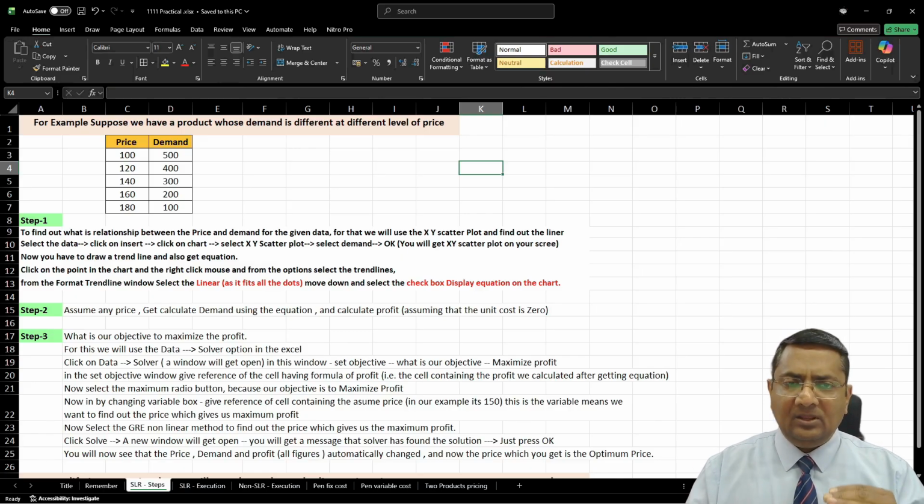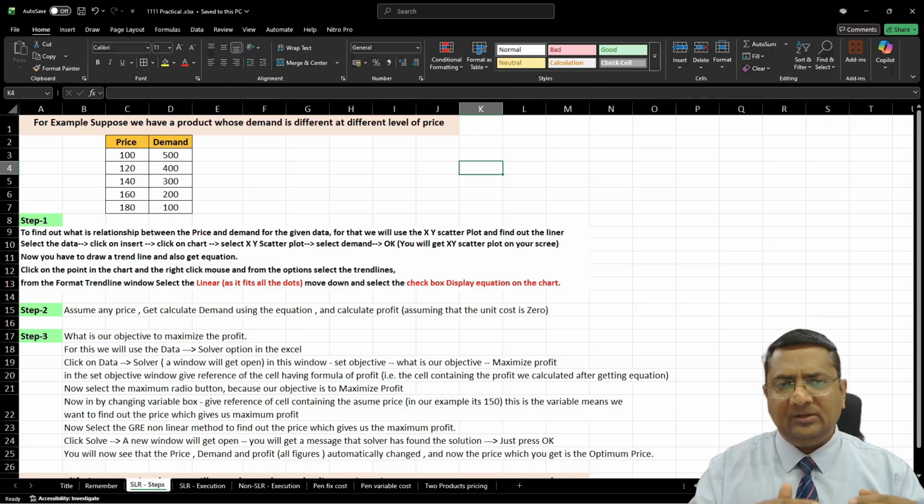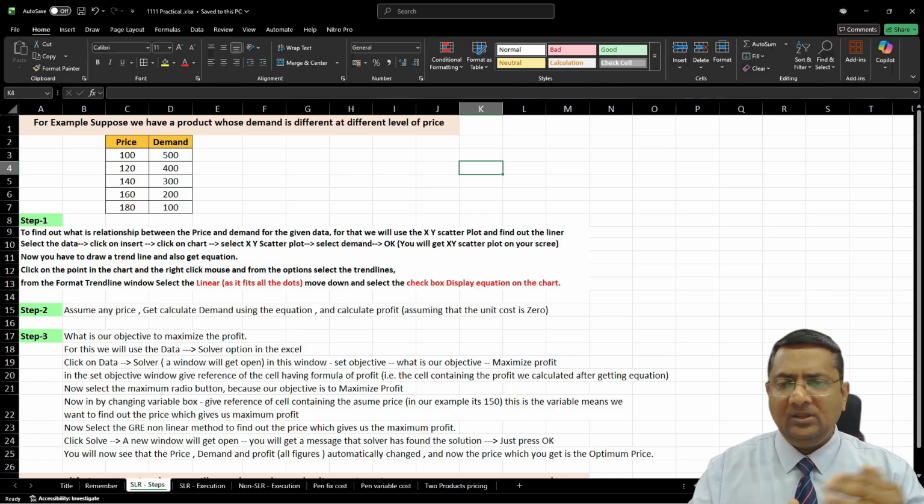Second step, after getting the demand equation, we assume some price. Depending upon that price, we calculate the demand using the equation from step 1. Then we calculate the profit. Third step, after calculating the profit, we try to maximize that profit. How will we do this? Let's do the practical and understand.